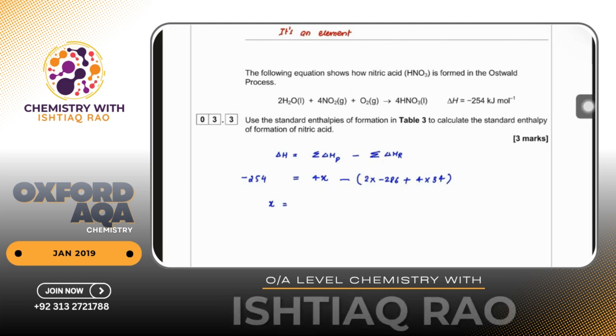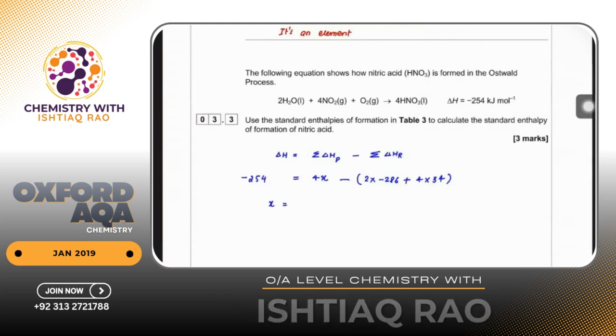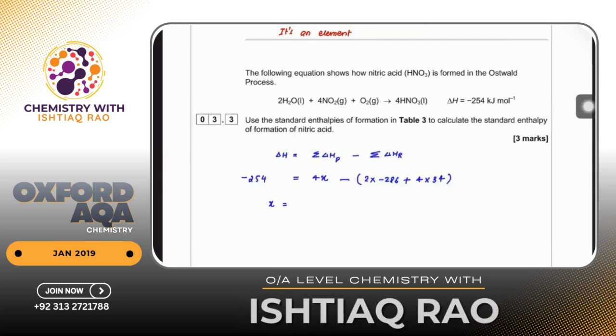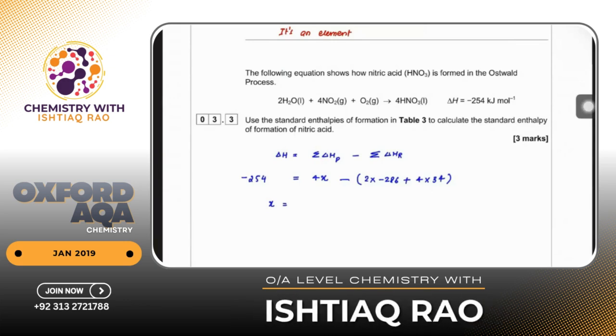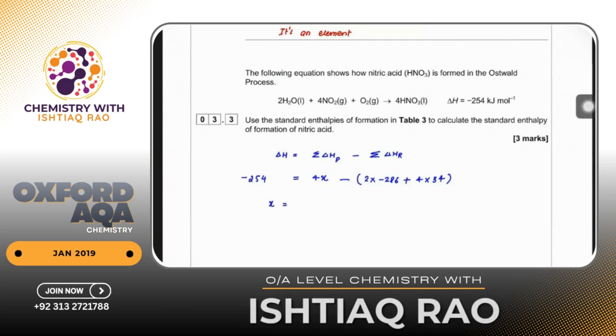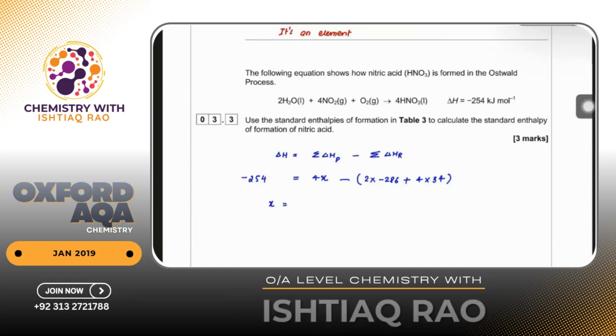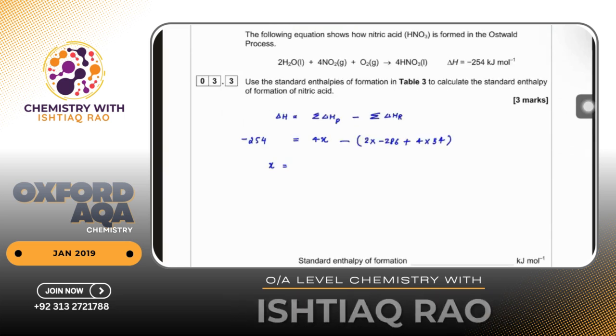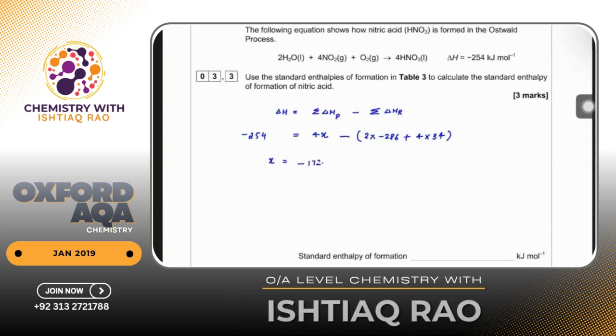Oh, negative 172.5. Yeah, negative 172.5. I didn't divide my answer by 4. I shouldn't have made that mistake. But yeah, same answer. So the answer is negative 172.5, right? Yep, kilojoules per mole.